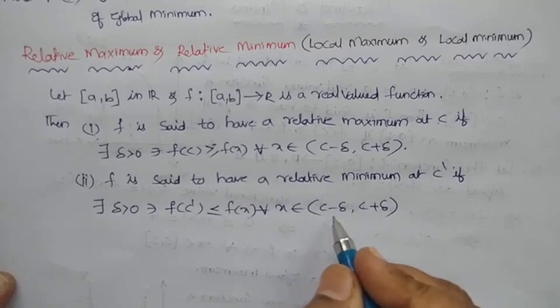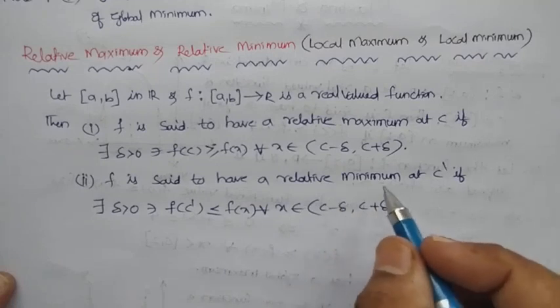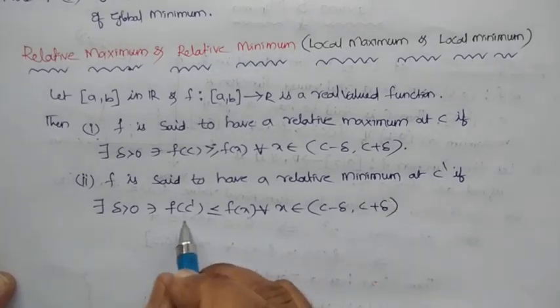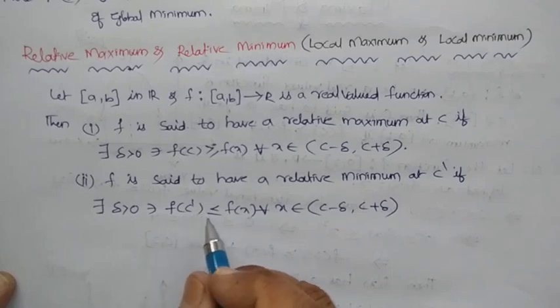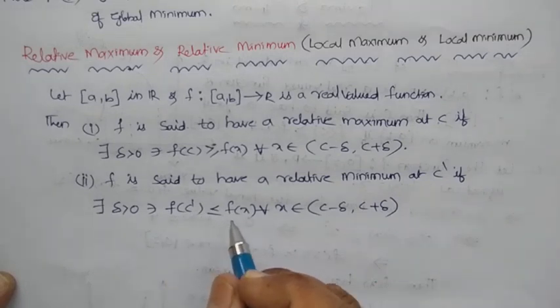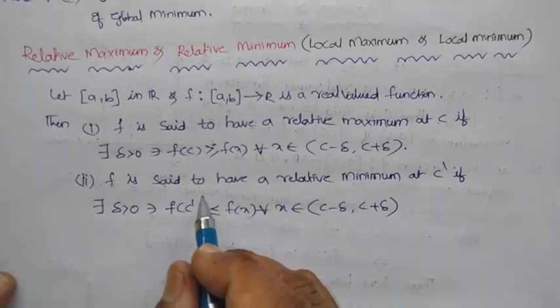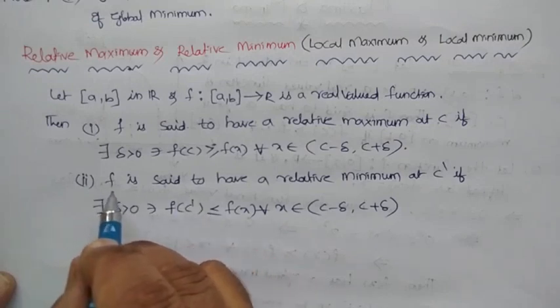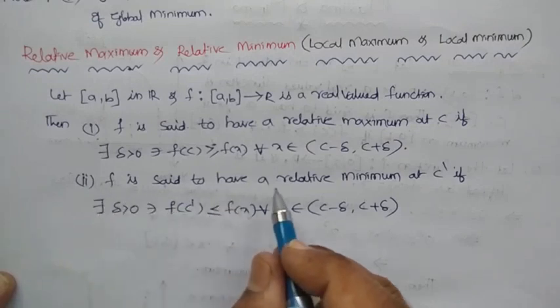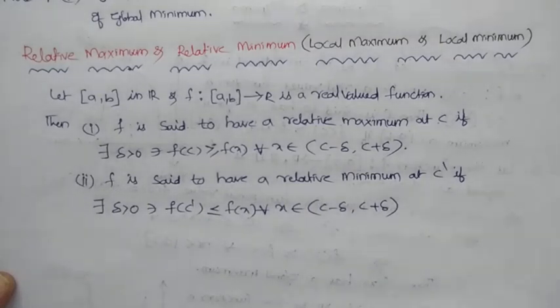For any value you have chosen from the point of the global minimum, it should obey this condition: f of c dash is less than or equal to f of x. Then we can give the statement that the function f has a relative minimum.